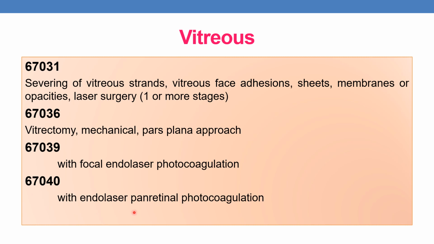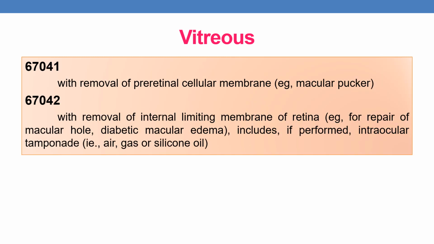Vitrectomy with endolaser panretinal photocoagulation. The next is 67041. It deals with vitrectomy with removal of preretinal cellular membrane. For example, macular pucker. The next is 67042. Vitrectomy with removal of internal limiting membrane of retina.